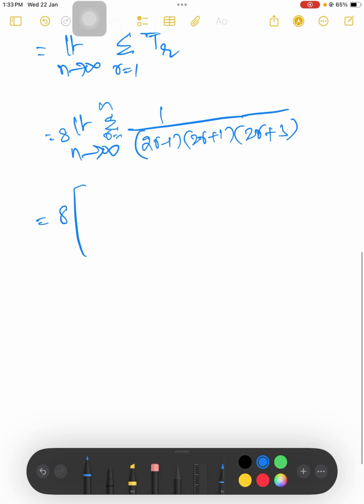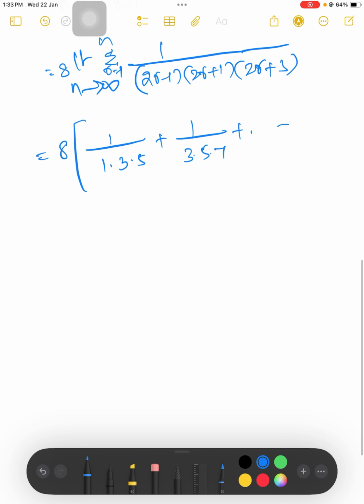Then if I start substituting values, the first value it will be 1 by 1 into 3 into 5. The next value, if you substitute 2, 3 into 5 into 7 plus and so on, last value in terms of n.